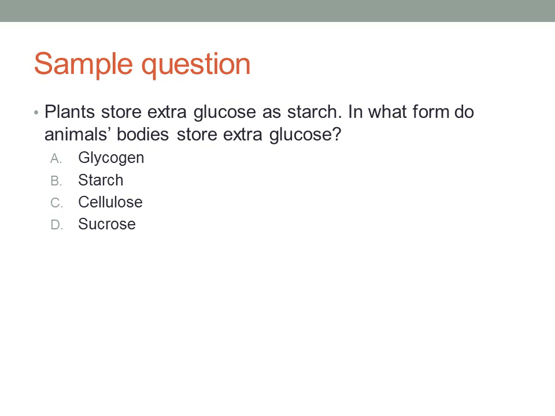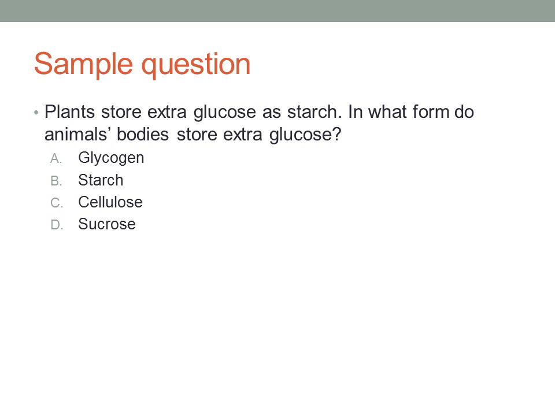And then the last question that we have from quiz 2.14 is: plants store extra glucose as starch. So we know that plants store extra glucose as starch. Animals do not store it as starch. So in what form do animals' bodies store extra glucose? We know B is out, right?